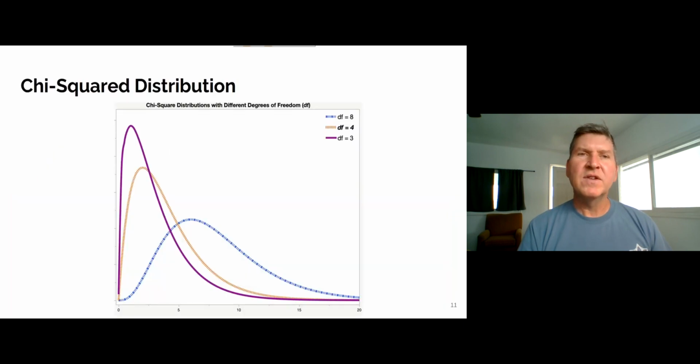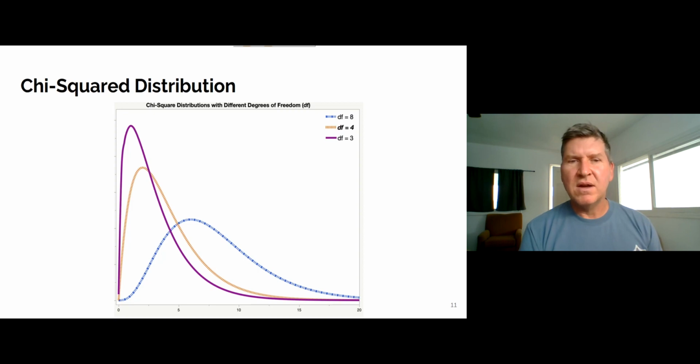Let's talk about the chi-squared test. First of all, let me talk a little bit about the chi-squared distribution, which the chi-squared tests rely on. So if you look here, you've got the chi-squared distribution with different degrees of freedom. If you see the one that has 8 degrees of freedom, it almost looks like a normal curve, but it's slightly skewed out towards the right.